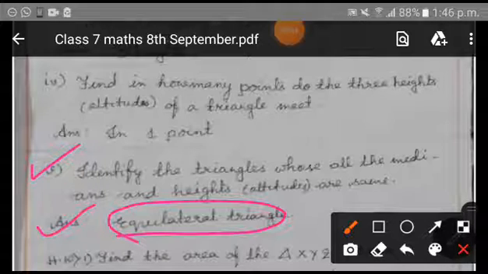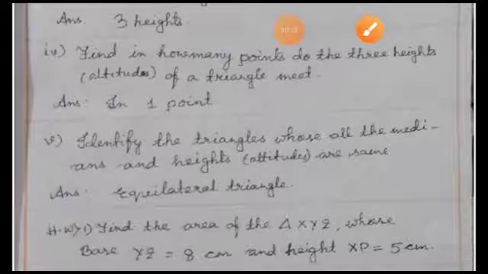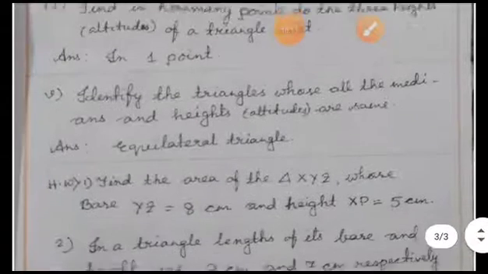The median is also the height in an equilateral triangle, because it makes a 90-degree angle, and the line joining the vertex to the midpoint of the opposite side is the median. So in an equilateral triangle, the median and height or altitude are the same.